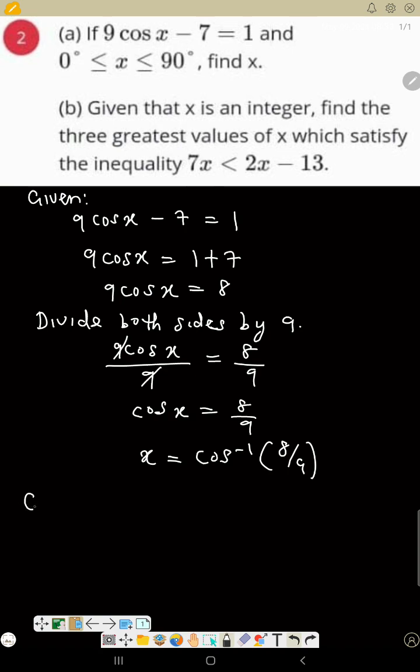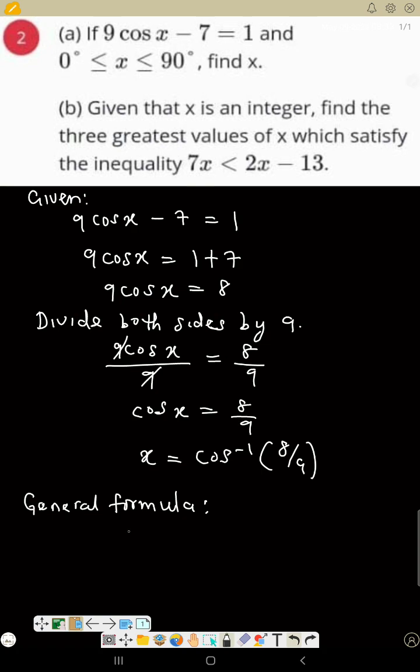So for cos, you will learn this in trigonometry. So watch my video on trigonometry on this channel, so you will see all the conditions.